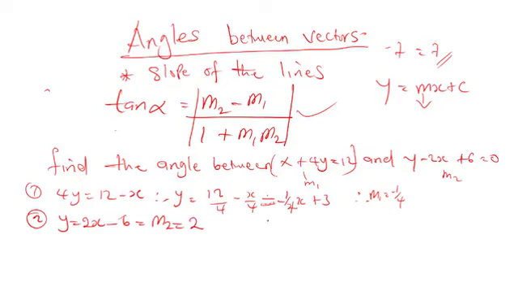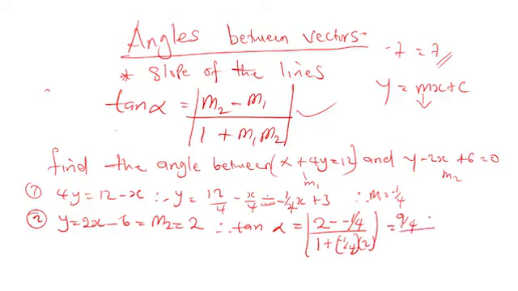Now let's apply them in this equation. We have tan θ to be equal to our m2, which is 2, minus minus 1 over 4, all over 1 plus minus 1 over 4 times 2. Remember, it's an absolute value. So this now will give you 9 over 4 all over 1 over 2.